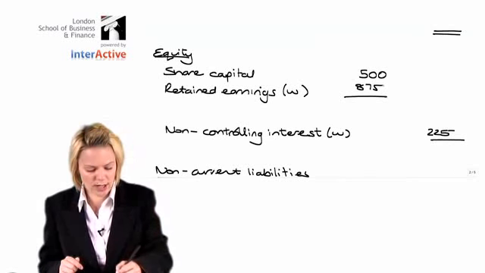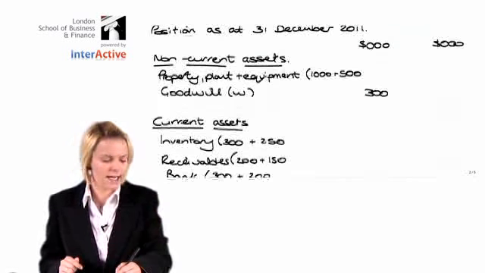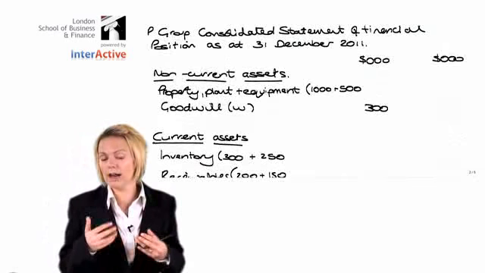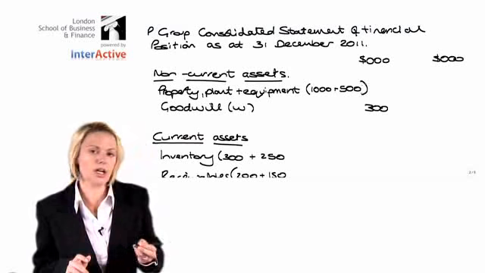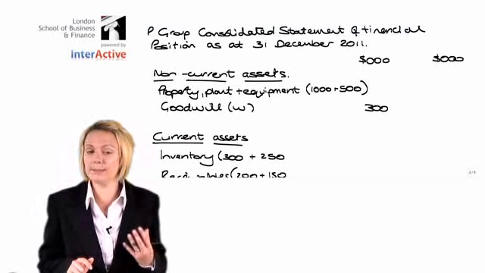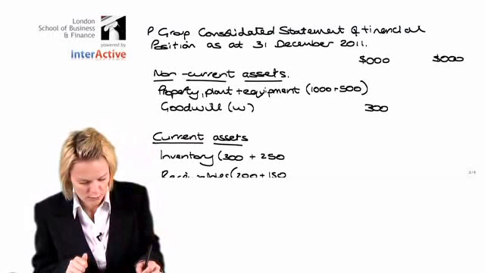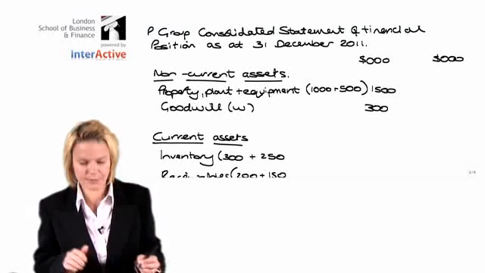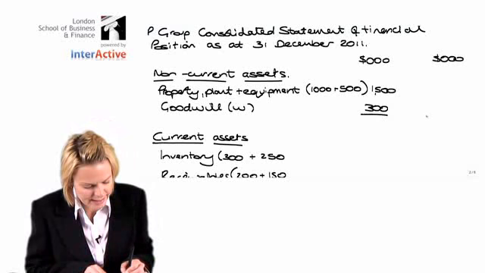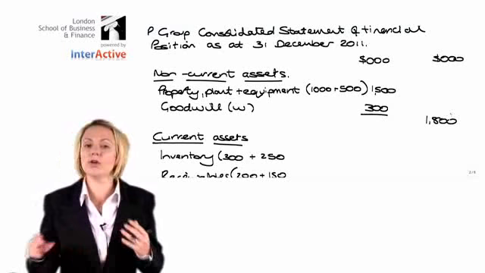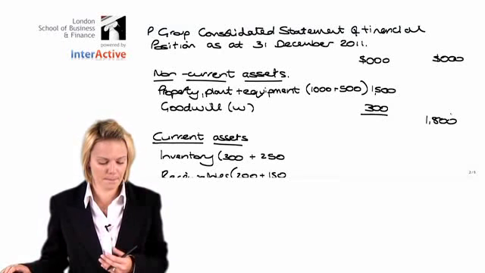So now what we want to do is just balance off the statement of financial position. Now we've done step 3, our core workings. So, total PP&E for the group would be 1,500. Plus goodwill of 300 is going to give 1,800 group non-current assets.